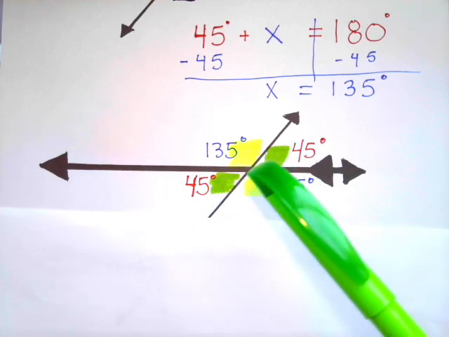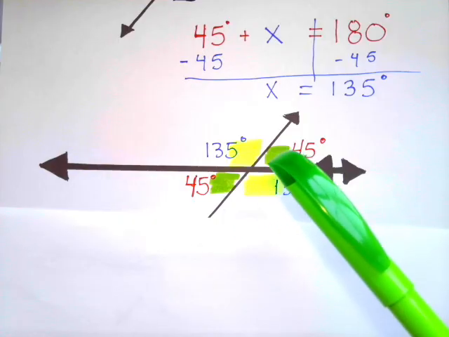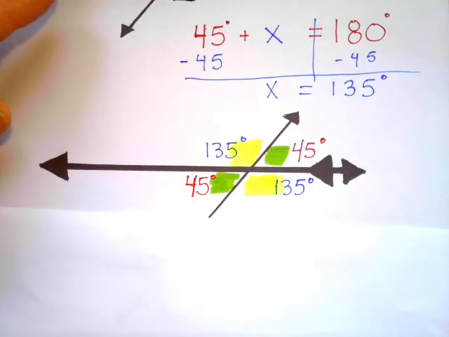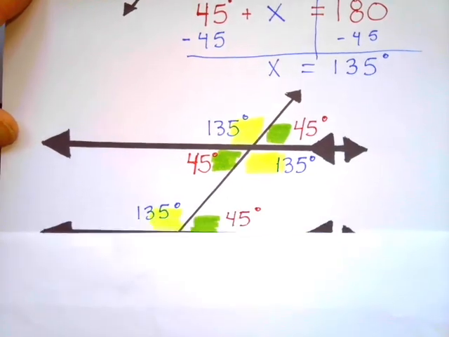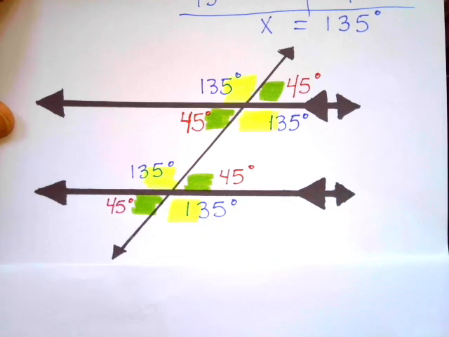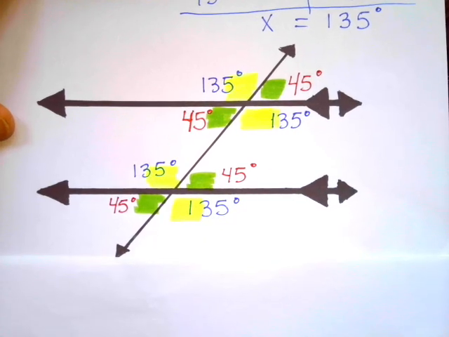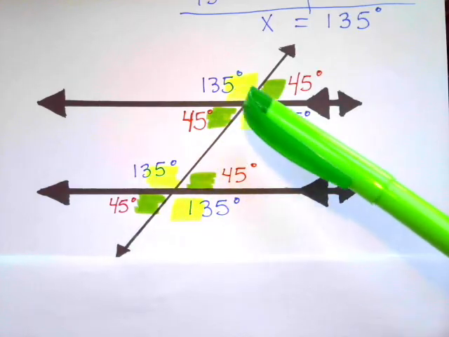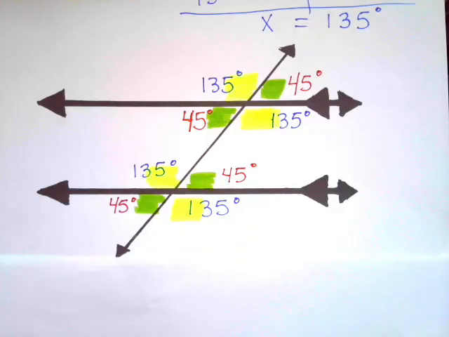They are equal to each other. Every green is equal to every green. Every yellow is equal to every yellow. In completing and answering this particular question, here is what we got. Every green angle is 45 degrees. Every highlighted yellow is 135.